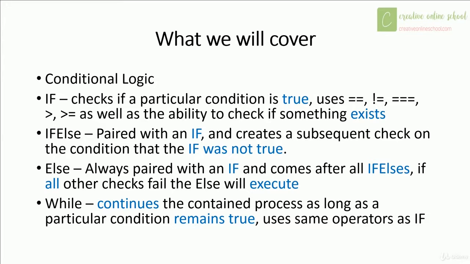If all the checks fail, both the ifs and the else ifs if they exist, then it will execute the else. The while continues a contained process as long as a particular condition remains true. So once it's true, it gets in until it changes. And it uses the same operators that if uses.